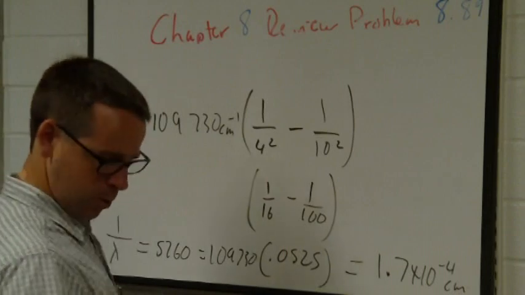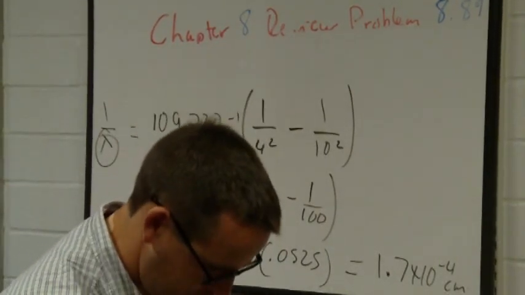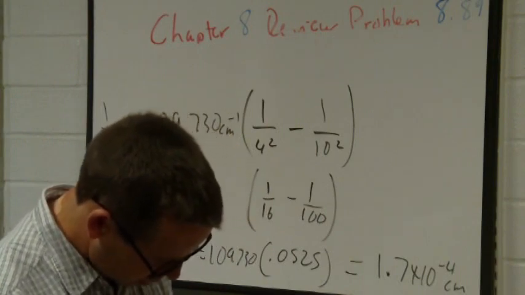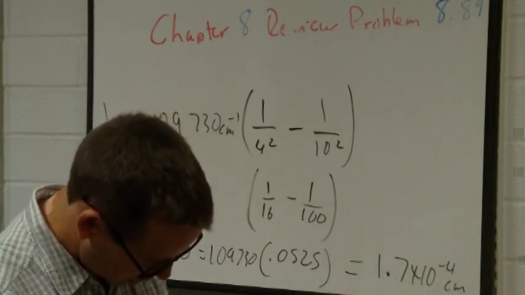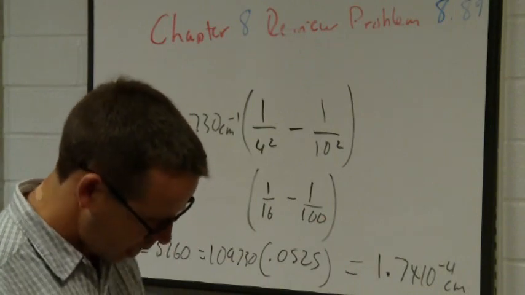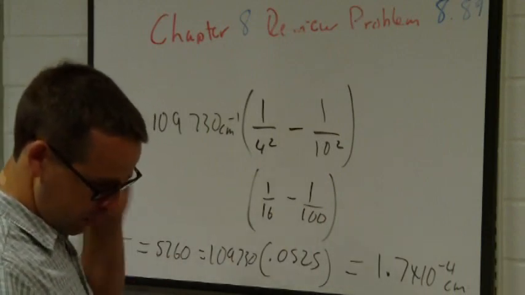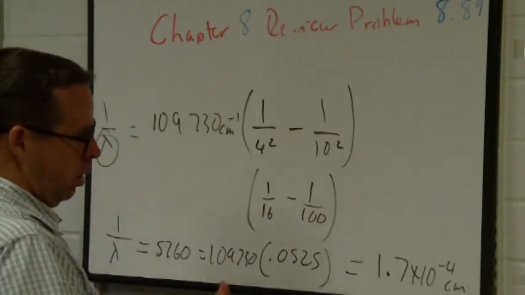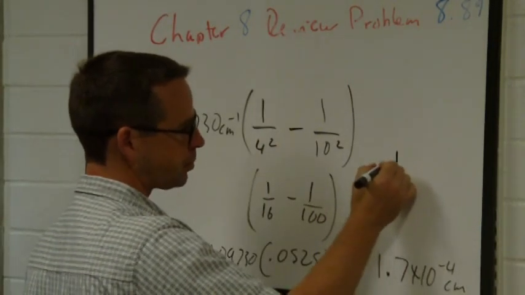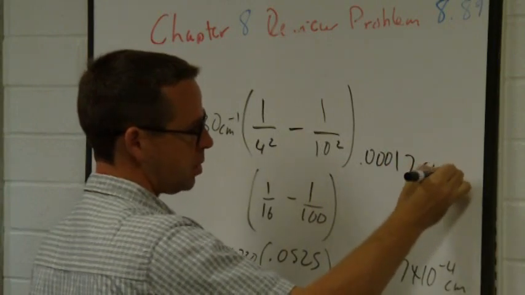And if we want to convert that, what units did it say we wanted? The question asks which region of the electromagnetic spectrum, UV, visible, or infrared, the line falls in. So 1.7 times 10 to the minus 4 is 0.00017 centimeters.